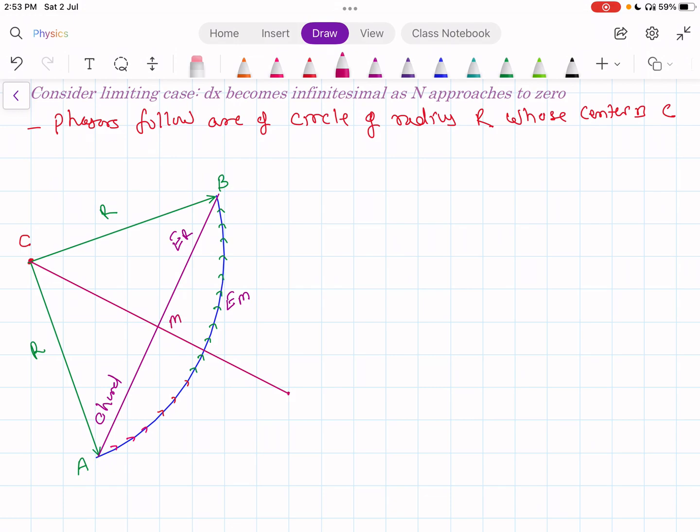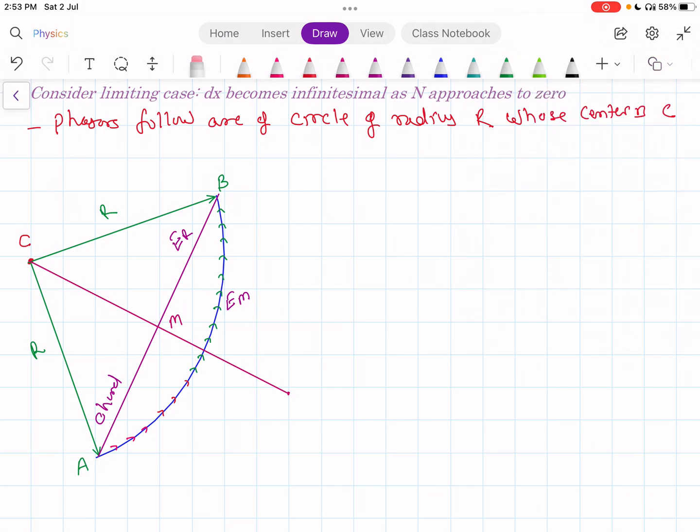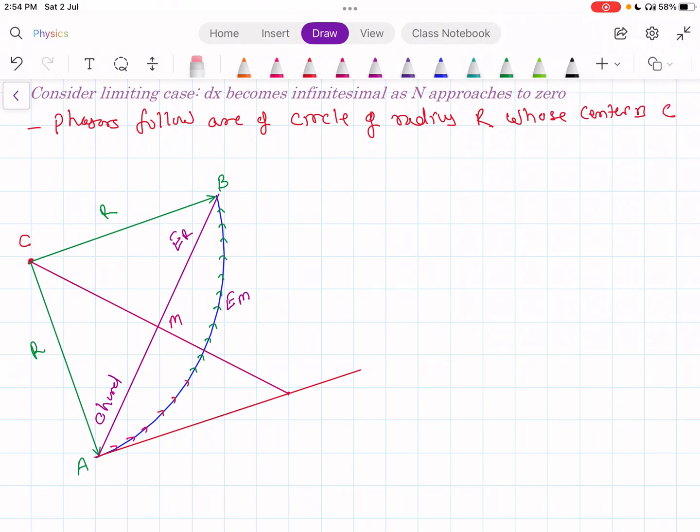Let's say this point is M. I am also drawing a tangent at point A, and from point B. Let's say this point is O. In this case, CM is perpendicular to AB.